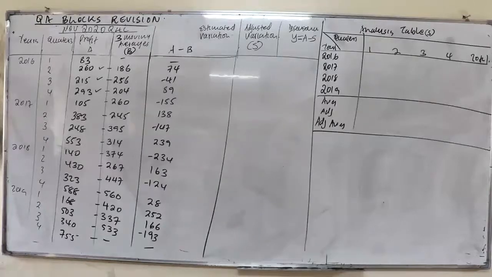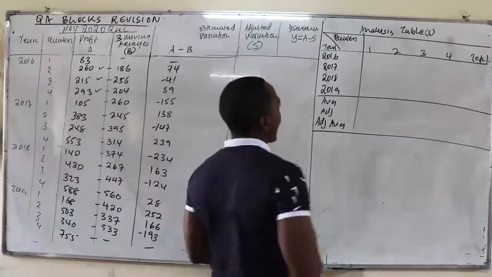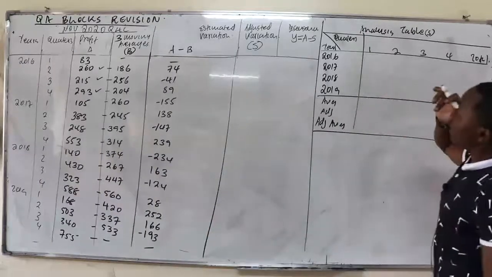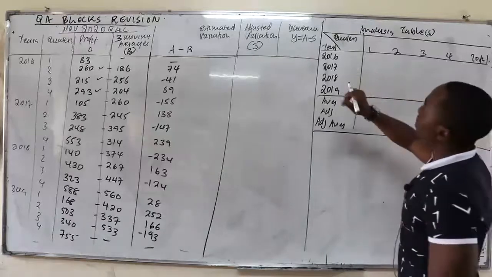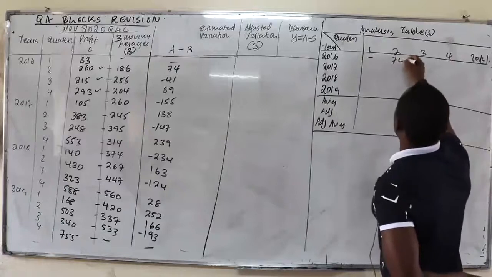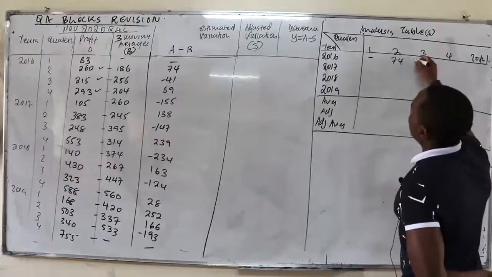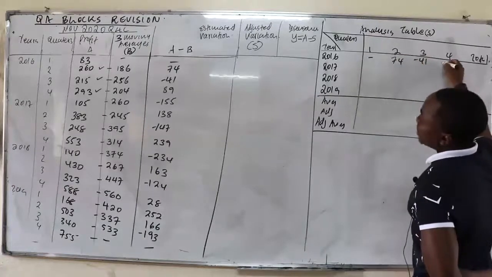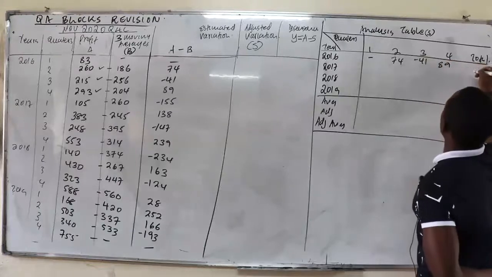Yeah, we are still using the additive model. So we say that to get the adjusted variation, we use the estimated variation. And 2016, quarter 1, we had dash, 74, 41, 89.